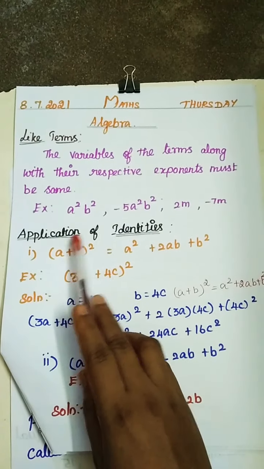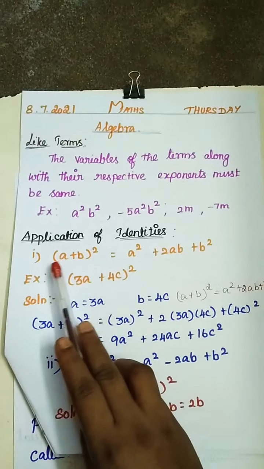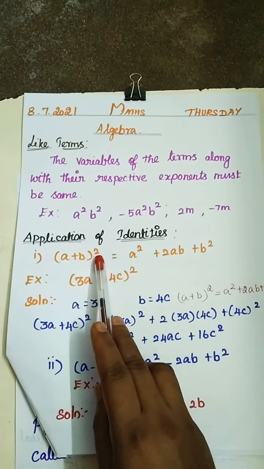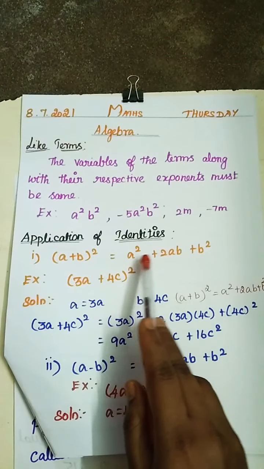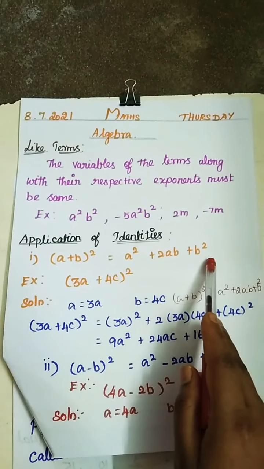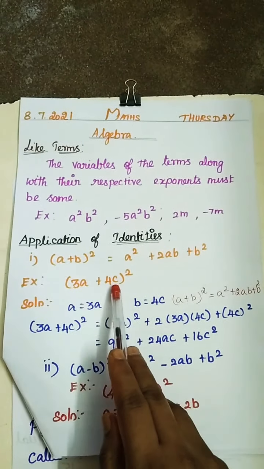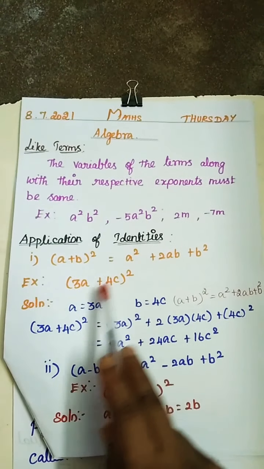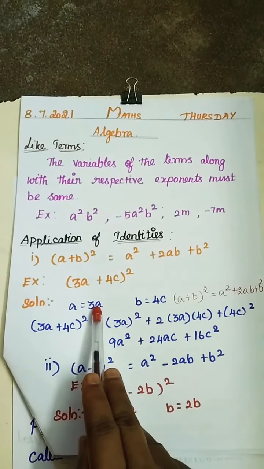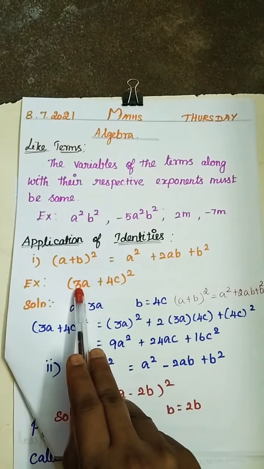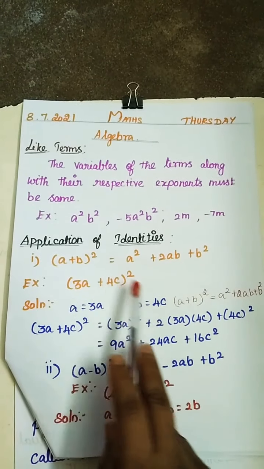Next one, application of identities. First one, (a plus b) the whole square equals a square plus 2ab plus b square. For example, (3a plus 4c) the whole square. Solution: a equals 3a, b equals 4c.